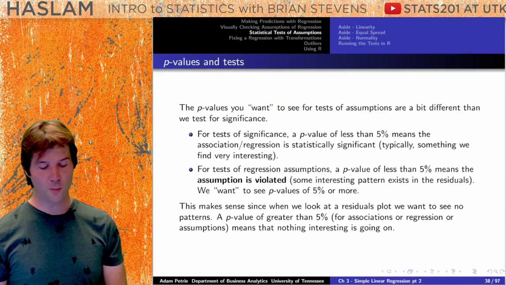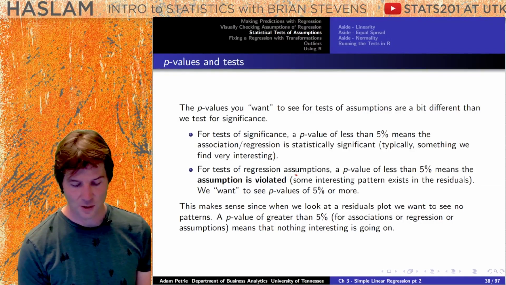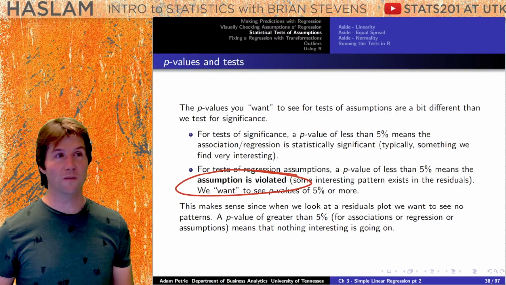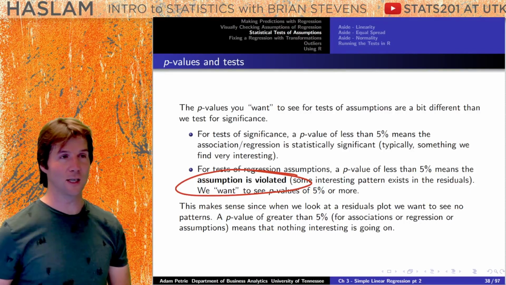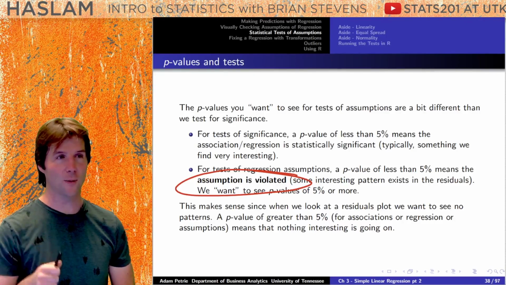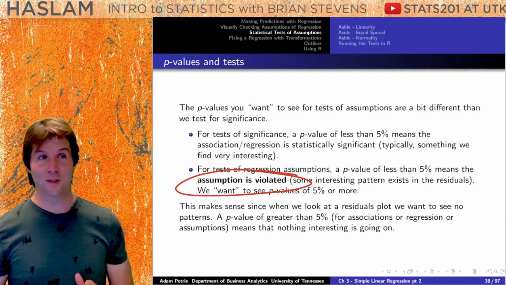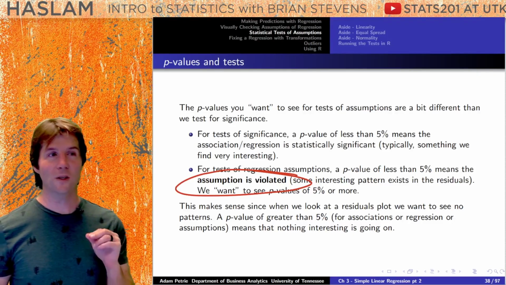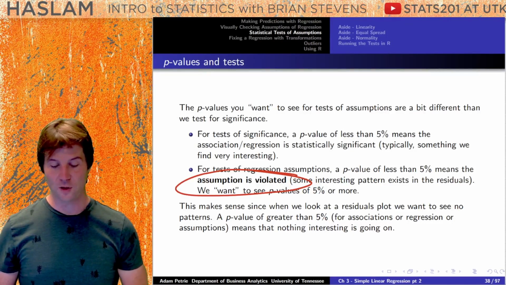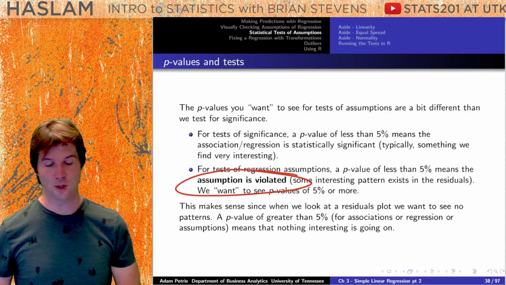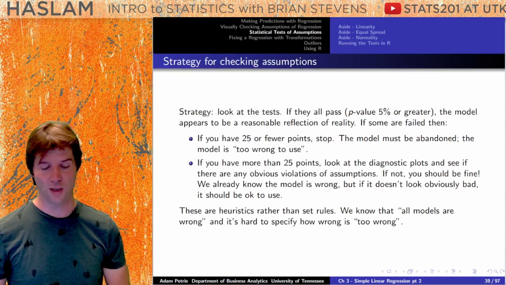So when we have a low p-value, that means you're rejecting that assumption and you're saying you don't believe it's true anymore. I reject that linearity is good. I reject that normality is good. I reject that equal spread is good. So in this context, if we want to use our model, low p-values are very bad for us because it means we've rejected key assumptions that we don't want to reject.